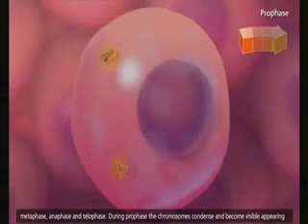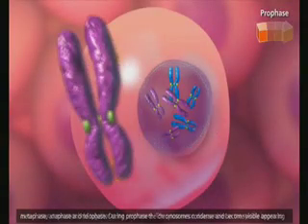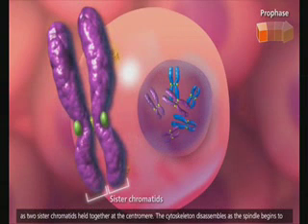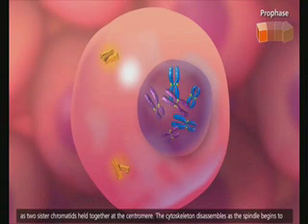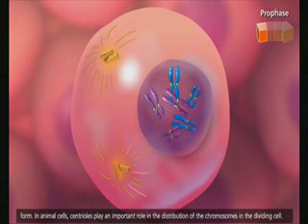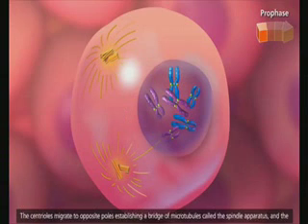telophase. During prophase, the chromosomes condense and become visible, appearing as two sister chromatids held together at the centromere. The cytoskeleton disassembles as the spindle begins to form. In animal cells, centrioles play an important role in the distribution of the chromosomes in the dividing cell.